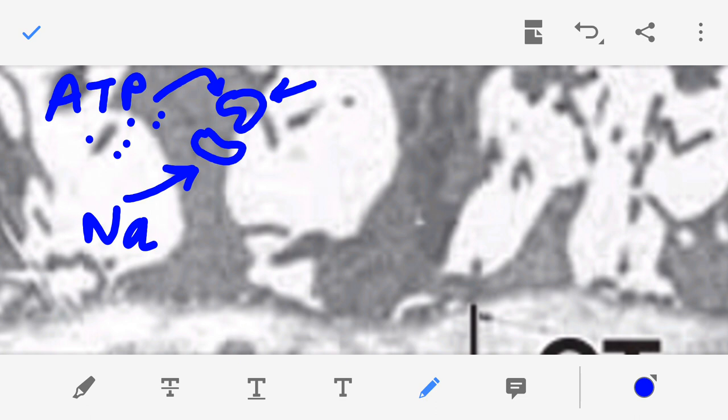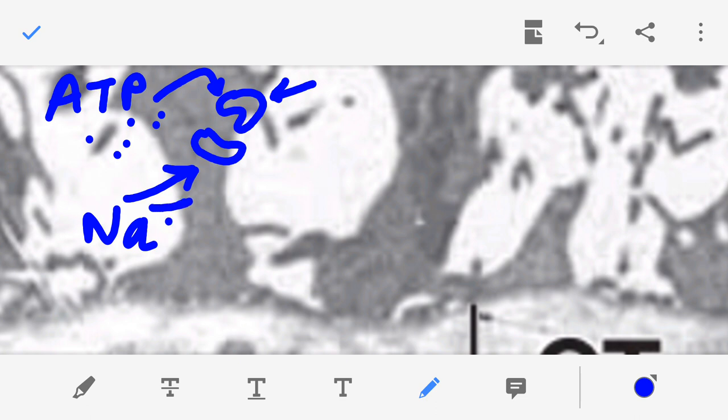Now in this membrane, this is the cell membrane. So in this membrane, this is the ion channel, or the pump. This is the Na plus pump or the ion channel, and ATP is providing energy to this Na plus pump. So this is the cytoplasm. In the cytoplasm, Na plus is there.